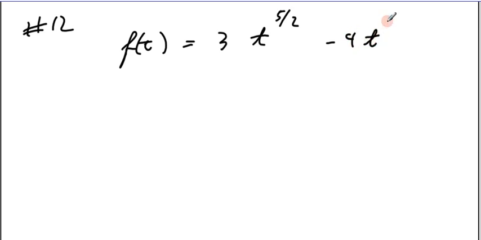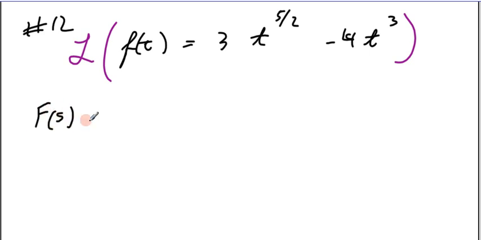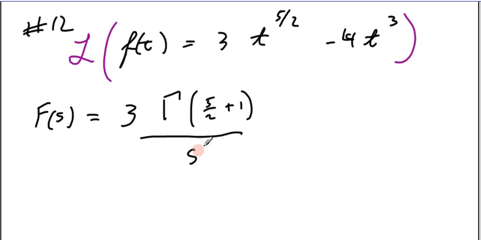Number 12. I want f of t equal to 3 t to the 5 over 2 minus 4t cubed. All right, so the Laplace transform, f of s is going to be 3 gamma function of 5 over 2 plus 1 divided by s to the 7 over 2.